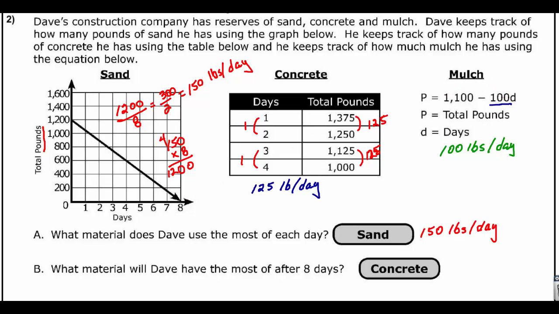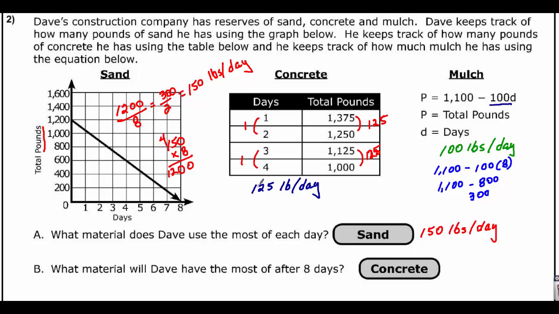Let's take a look here. Let's take a look at the mulch. And you can see why different ways of showing this work the best. For this particular question, the best would be this graph like sand, because it would show you the exact amount left after 8 days. Over here, if he has 1,100 pounds and you take away 100 pounds a day for 8 days, you take away 800 pounds, you have 300 pounds left.